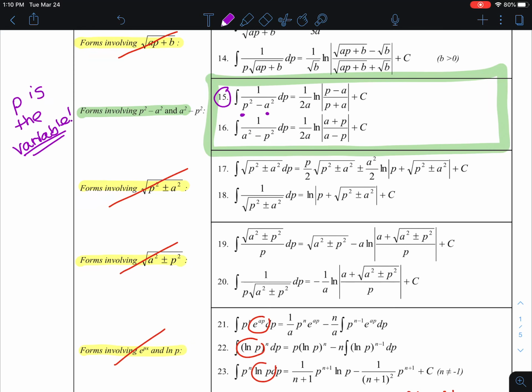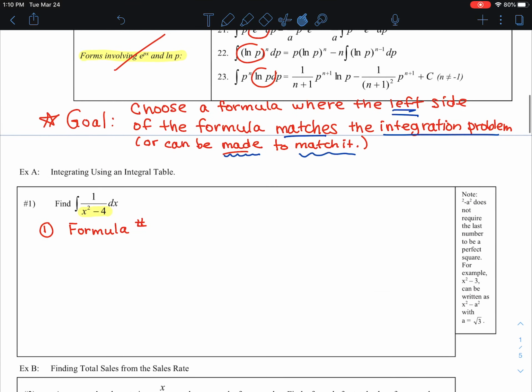So I'm going to write down that I'm using formula number 15, and from the front I'm copying down formula number 15 exactly as it appears here.